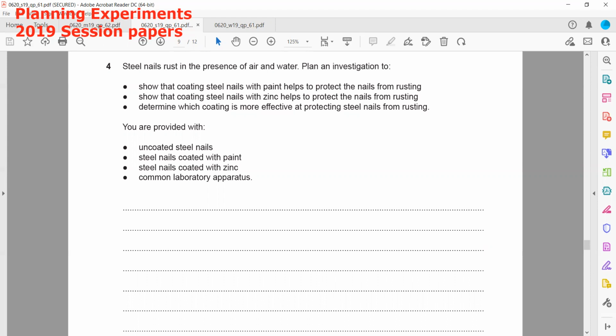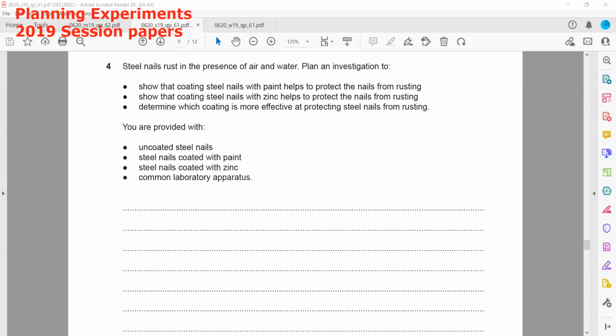So what we should do, first thing, we will take equal mass of the nail in 3 different test tubes: the one which is not coated, the one which is coated with zinc, and another one coated with paint.